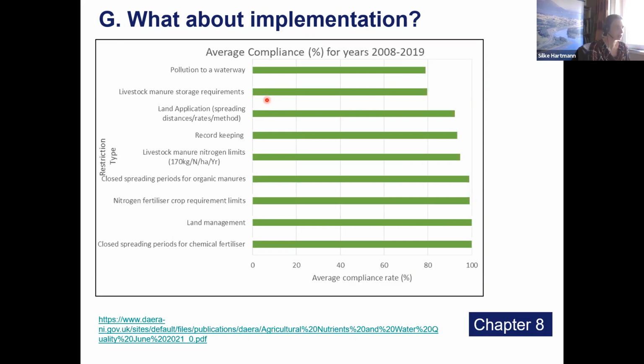That equals 1.4% of the farm businesses we have in Northern Ireland. The top 3 areas for non-compliance relate to pollution to a waterway, livestock manure storage requirements, or land application. Issues like spreading distances, rates and methods, and all of those 3 can impact on the water environment.